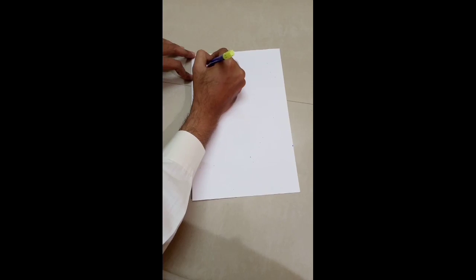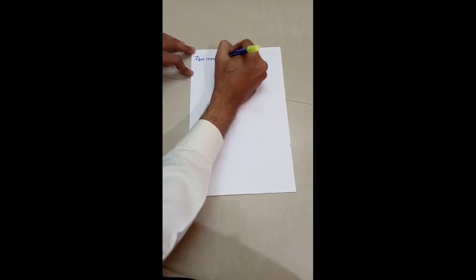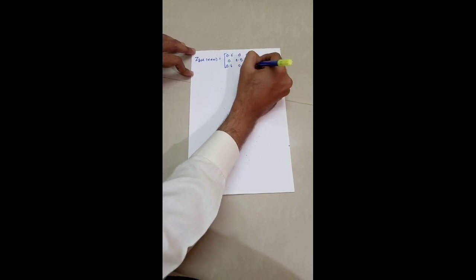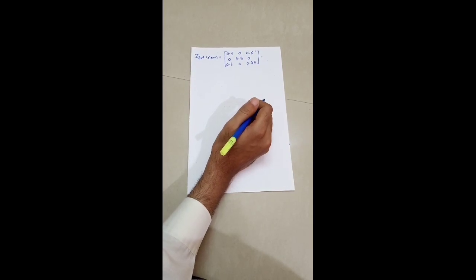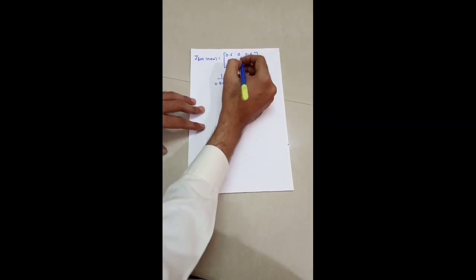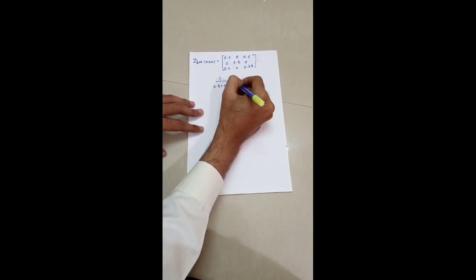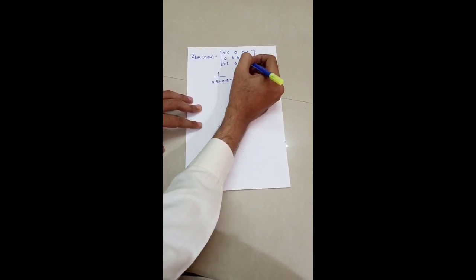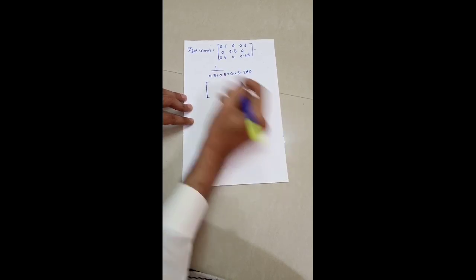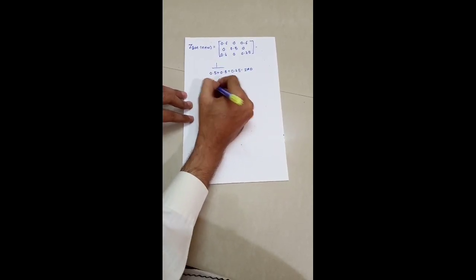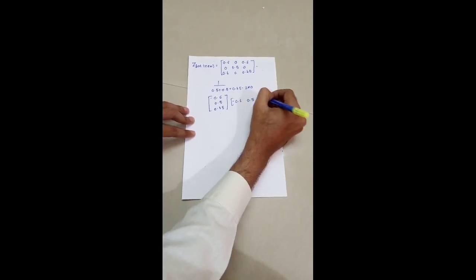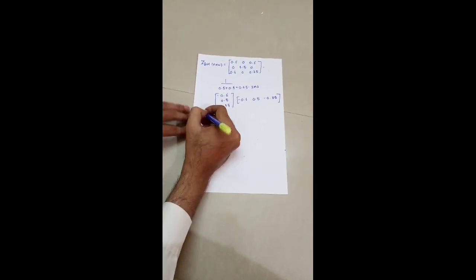Z bus new is equal to Z bus old, 0.6, 0, 0.6, 0, 0.5, 0, 0.6, 0 and 0.85, minus 1 divided by, where ZB is the branch impedance between bus number 2 and bus number 3, which is 0.5, plus Z22 is 0.5 plus Z33 is 0.85 minus 2 times Z23, and Z32 is 0, so 2 into 0, times CB and CB transpose.